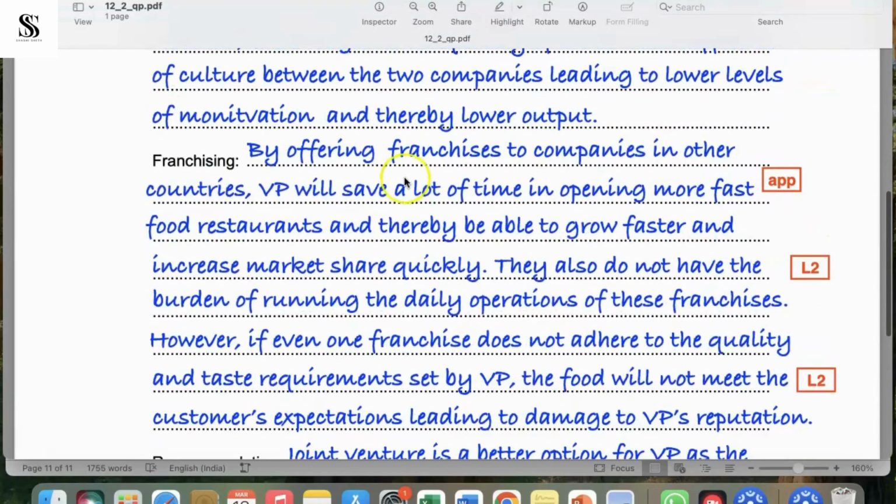Now going with the franchising, by offering franchises to companies in other countries, VP will save a lot of time in opening more fast food restaurants. So fast food restaurants is the application because it's drawn from the case study, and VP will thereby be able to grow faster and increase market share quickly. They also do not have the burden of running the daily operations of these franchises, right?